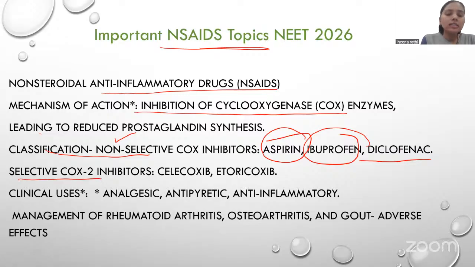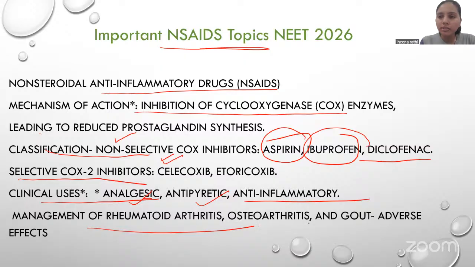In selective COX-2 inhibitors, the important drug is celecoxib, and their uses: analgesic, antipyretic, and anti-inflammatory uses, and the management of rheumatoid arthritis, osteoarthritis, and gout. The drugs for these diseases are very important.